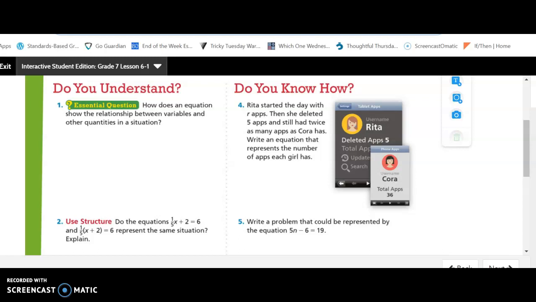She deleted 5 apps and still had twice as many apps as Cora has. So let's think about how we could write this. Rita starts with R apps. She deletes, which means she takes away 5 apps. She has, which gives me my equal sign, twice as many. Well, twice is like saying 2 times Cora, twice as many apps as Cora.